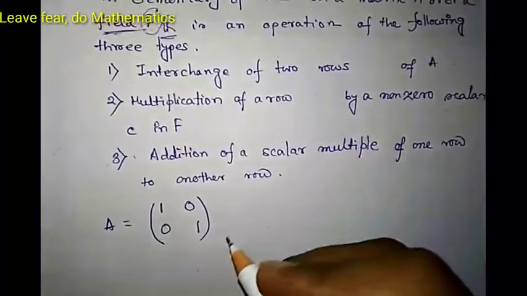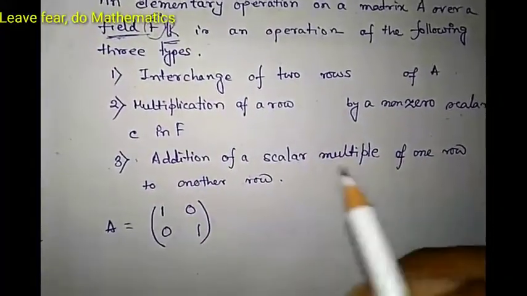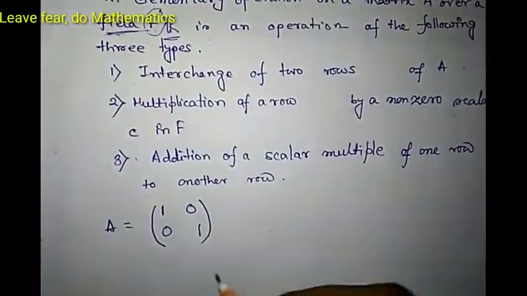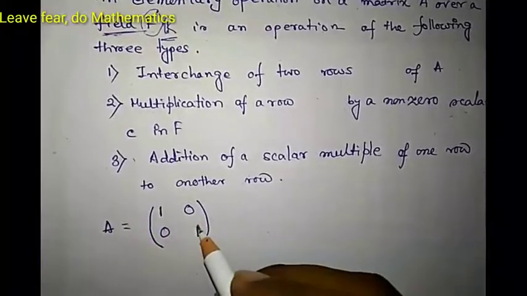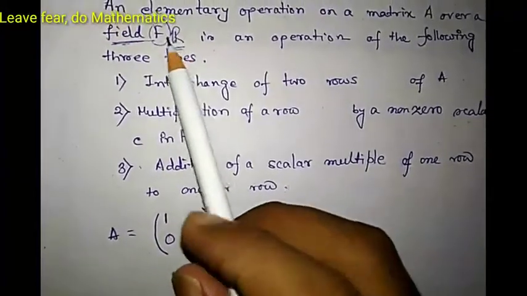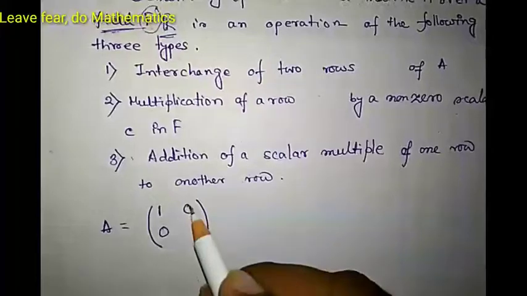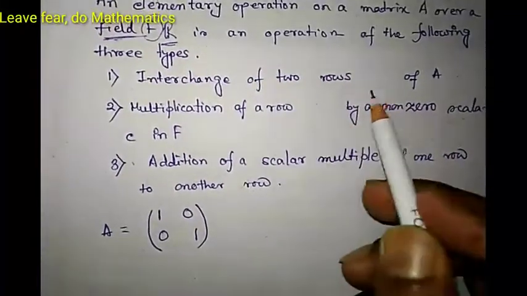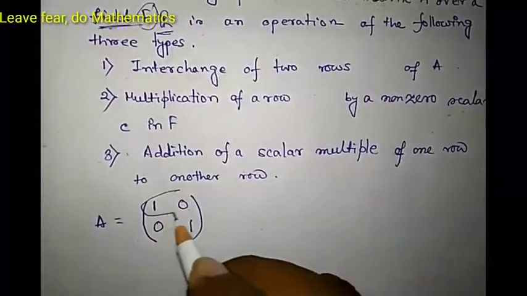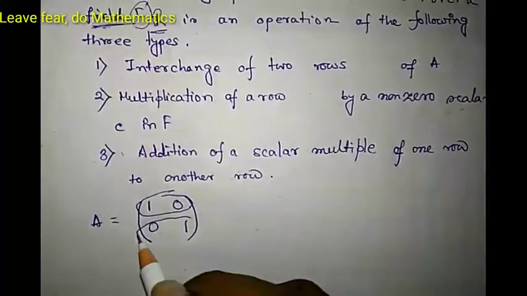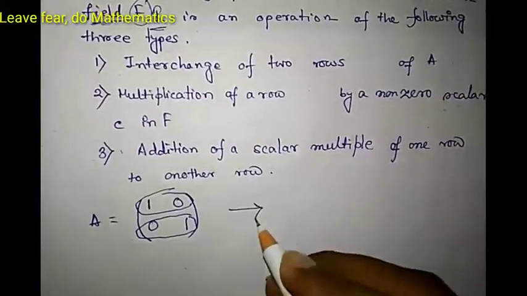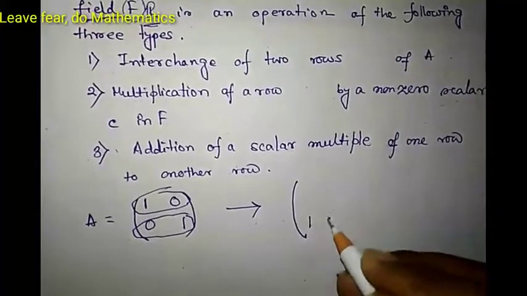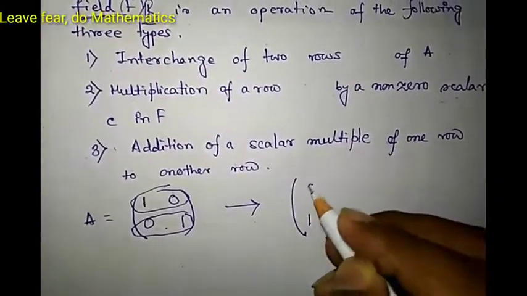So 1 0 0 1 is our matrix A from the field R. If you take C instead of F, then you can take i, 2i, like this. Interchange of two rows means this is our first row, row 1, and this is our second row, row 2. If we interchange the two rows, the first row becomes the second row, so here will be 1 0, and the second row becomes the first row, so 0 1.